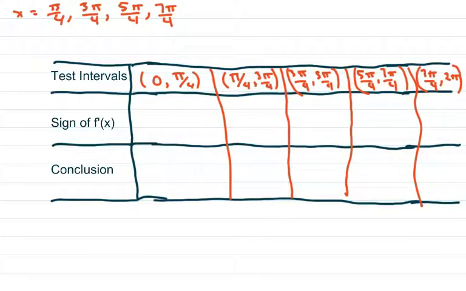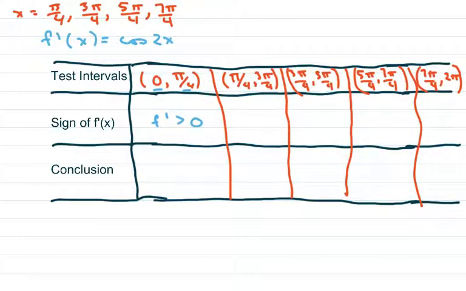Okay, so we're going to do our sign here, and we have the derivative equals cosine of 2x. So basically I'm going to do the midpoint here. If I do the midpoint between these two values, you get pi over 8, which is 22.5 degrees. If you plug that in, my derivative is positive.